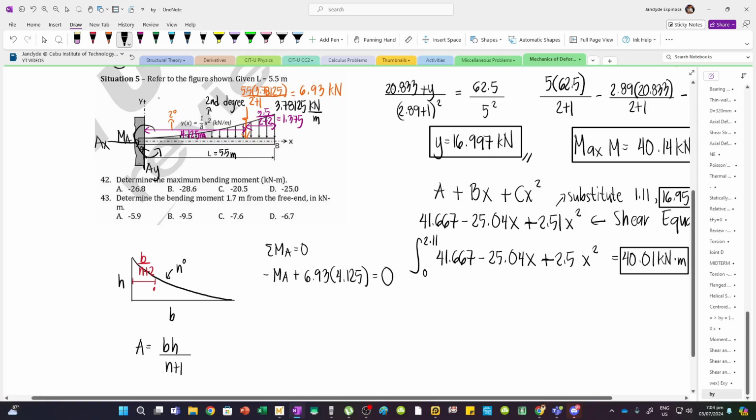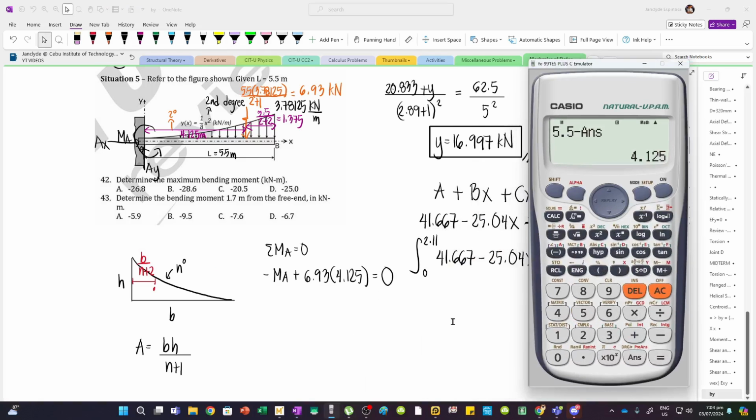We can set this to 0. So we have minus MA plus 6.93 multiplied by 4.125, and this is equal to 0.